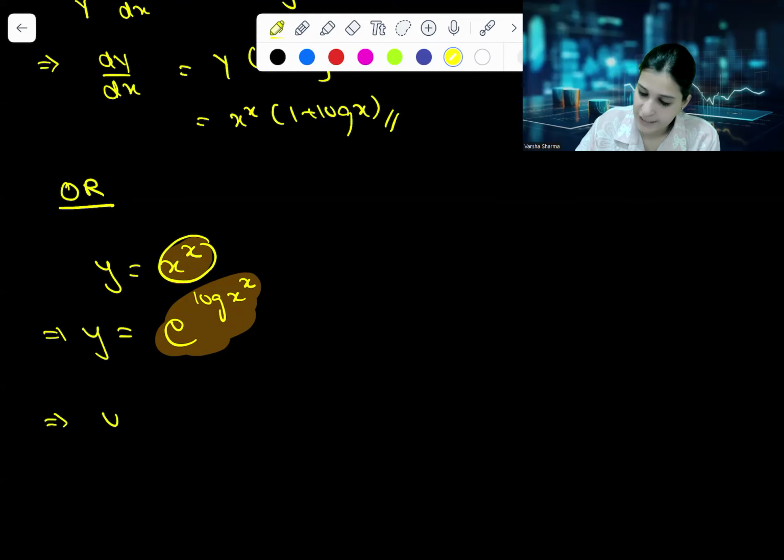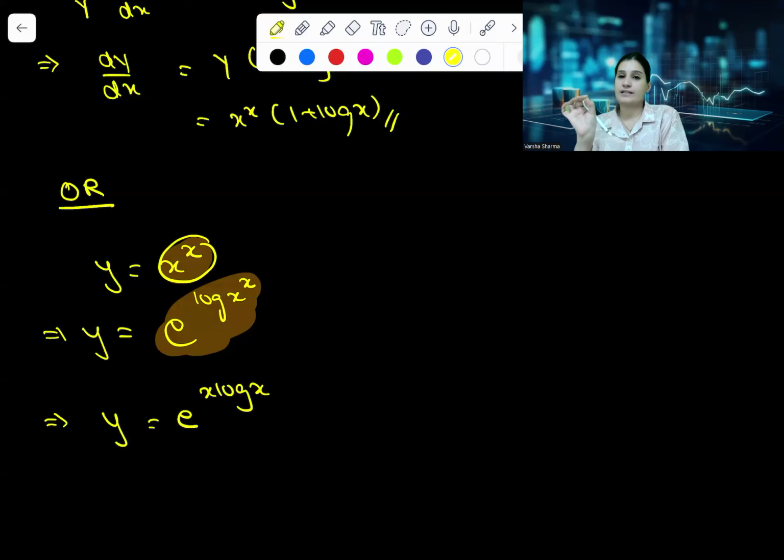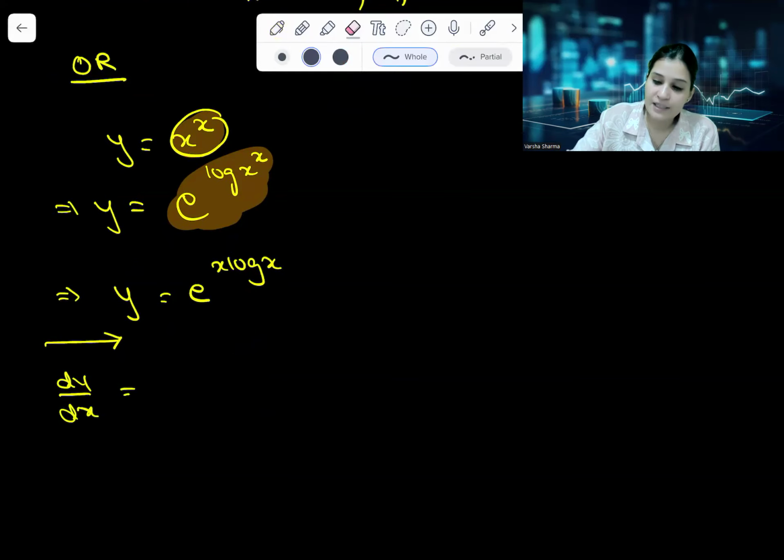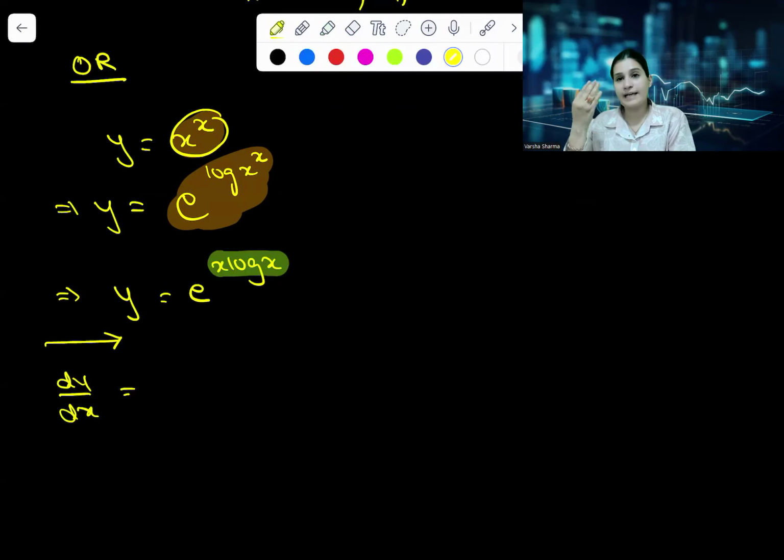Now y equals e. The power comes to the front of the logarithm. So e has power x log x. Now I'm differentiating both sides. dy becomes dy by dx. Right hand side, I will treat it as e power x. Can I do that? Differentiation of e power x is e power x.